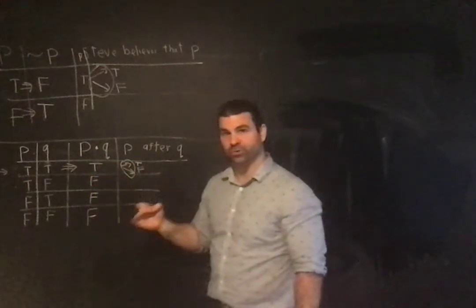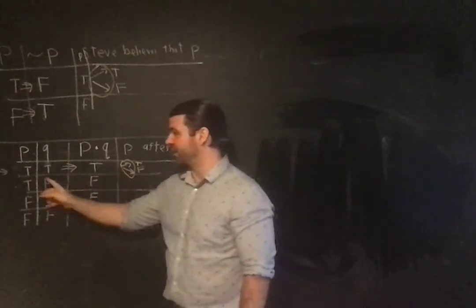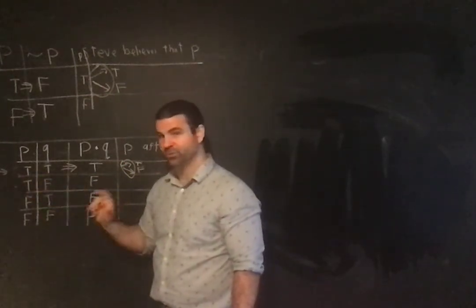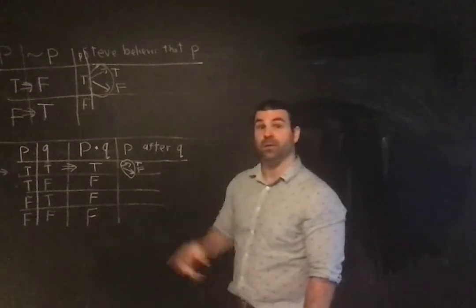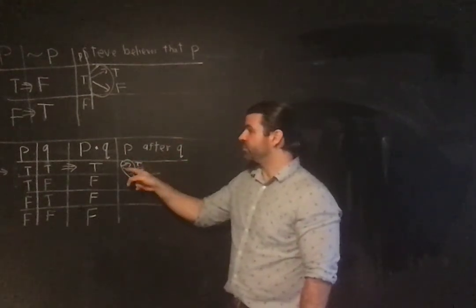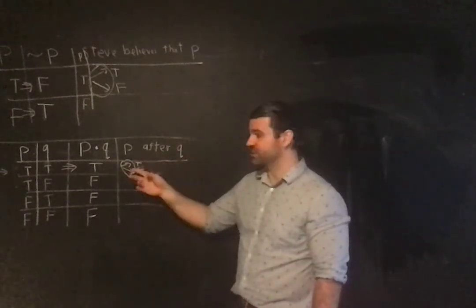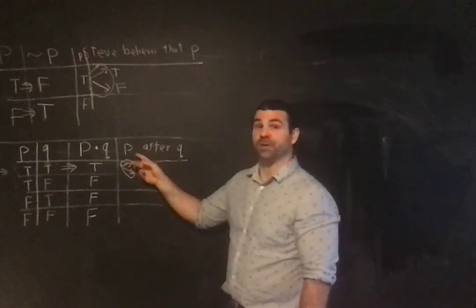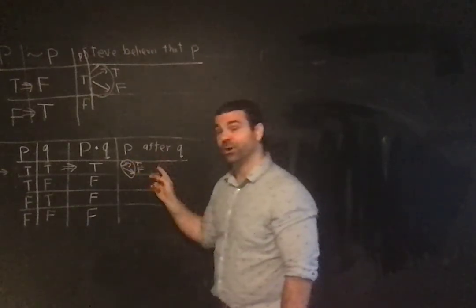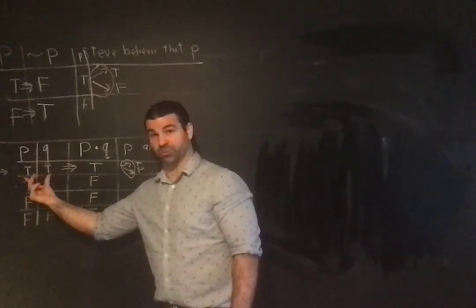P and Q is truth functional. The truth value of P and Q is determined entirely by merely the truth values of the input sentences. But what these divergent arrows show for P after Q is that its truth value is not determined entirely by merely the truth values of the input sentences.